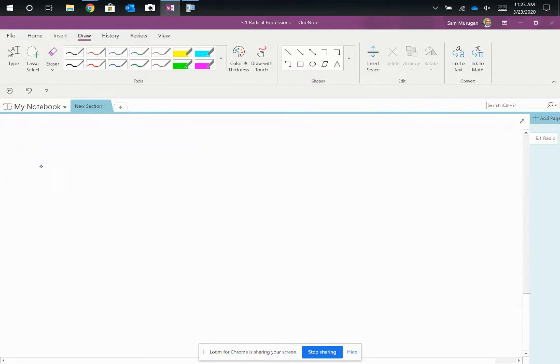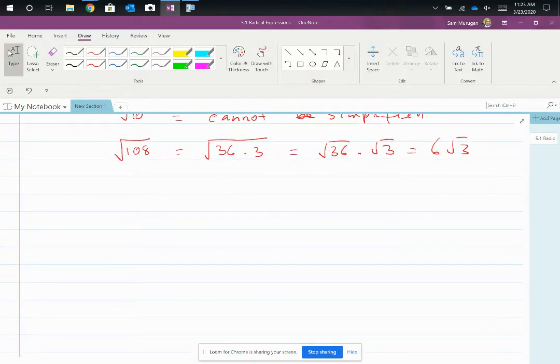Now we have to consider a couple of things here. If we're writing the nth root of a to some power m, this may be written as a to the m over n, where the power is on the top and the root is on the bottom.